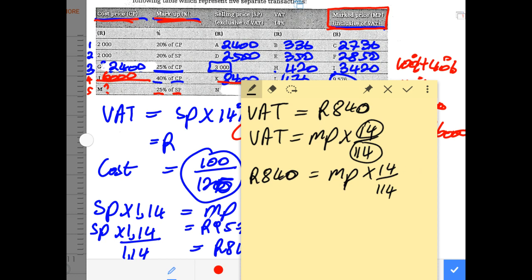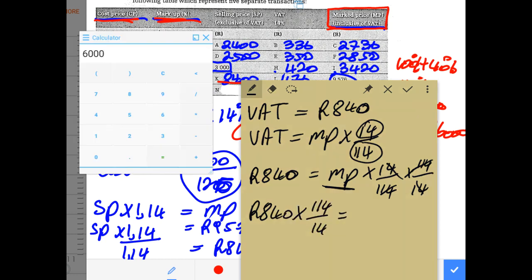I'll just do this in a mathematical way and show you the simple version. Because we are looking for the marked price, we have to say times by 114 divided by 14, so that this cancels this and this cancels this. Therefore, whatever you do on the left, you must do on the right.